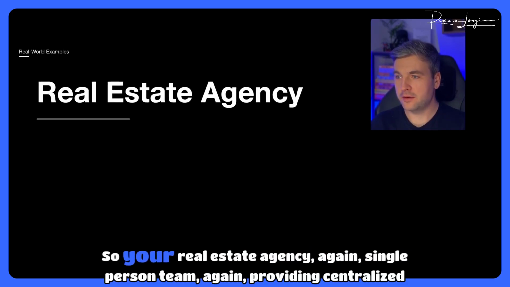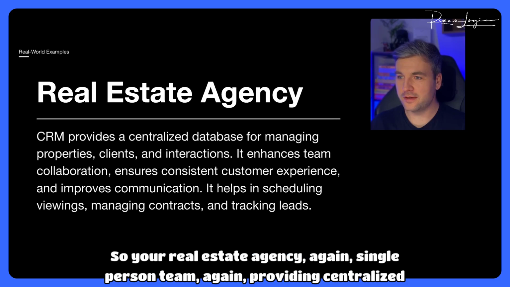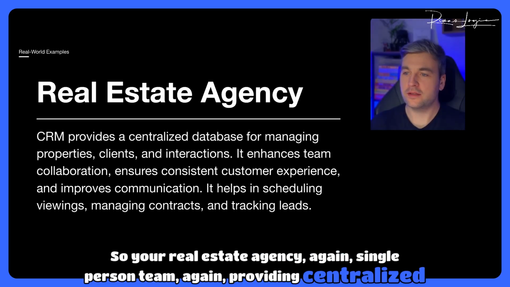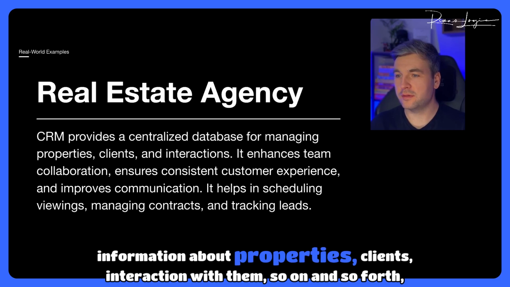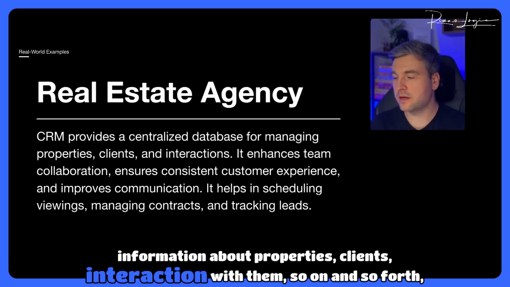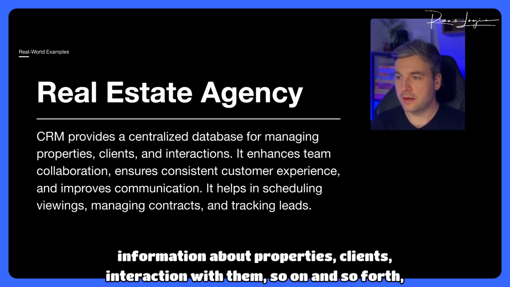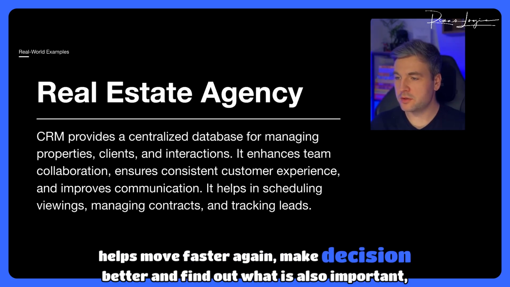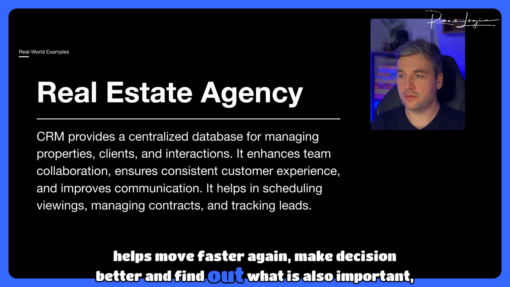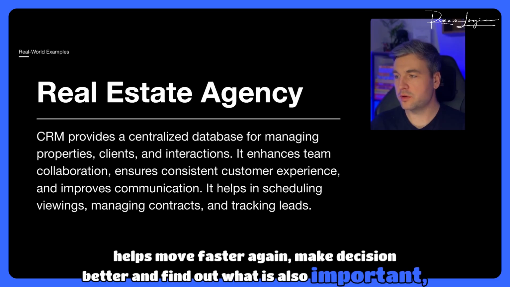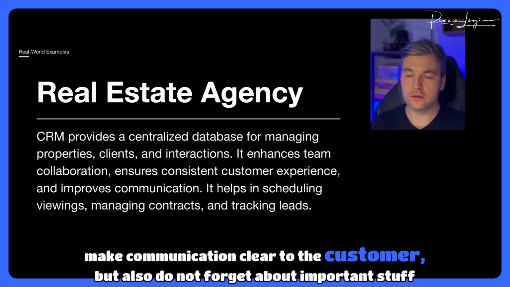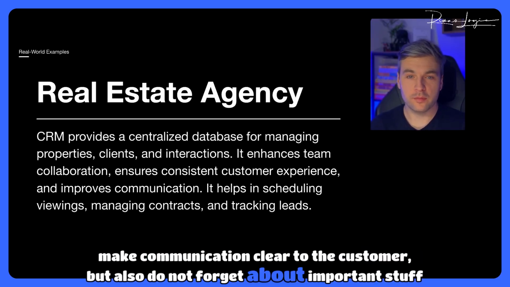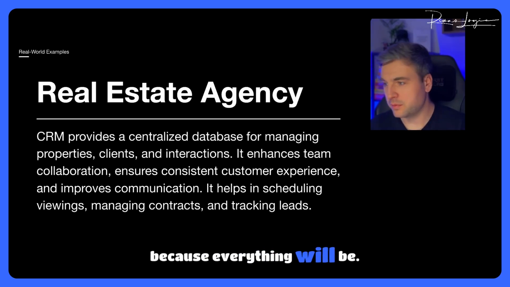Your real estate agency, again a single person team, again provides centralized information about properties, clients, and interaction with them. It helps move faster, make better decisions, and make communication clear to the customer, but also not forget about important stuff, because everything will be in the system.